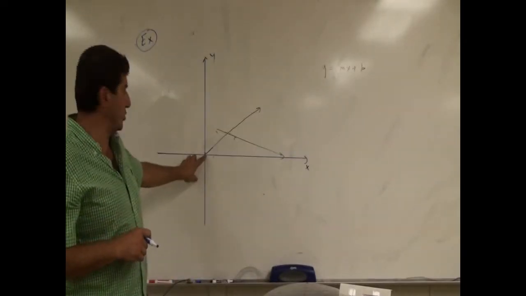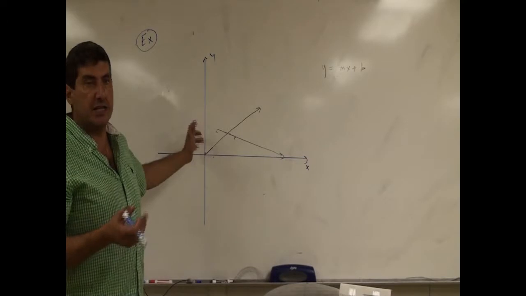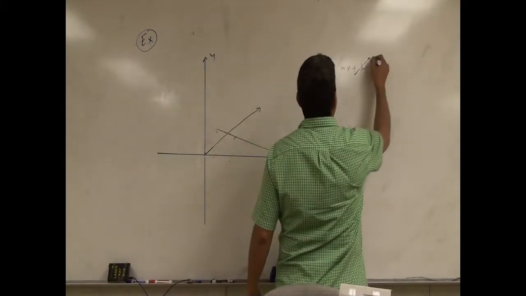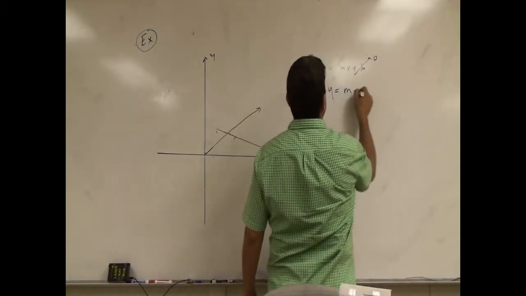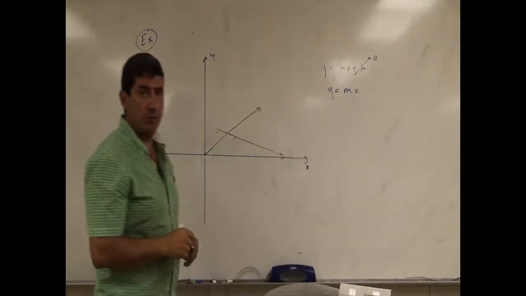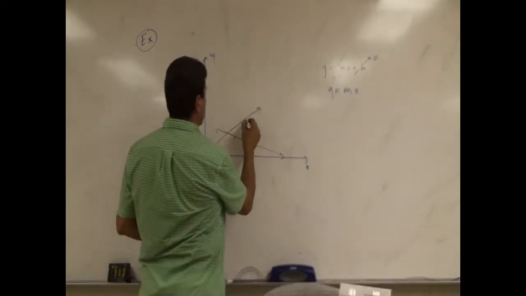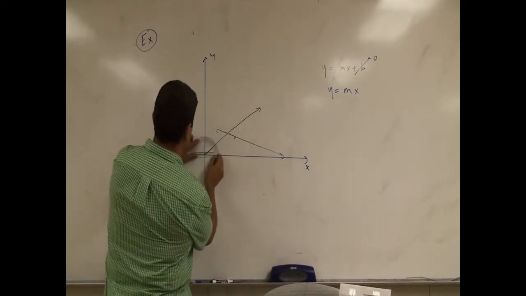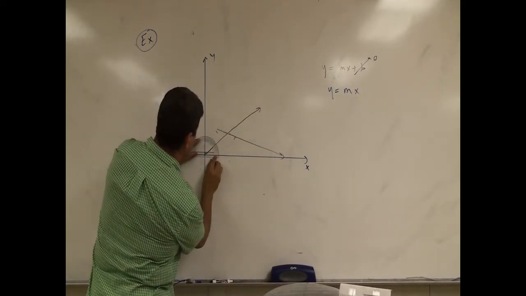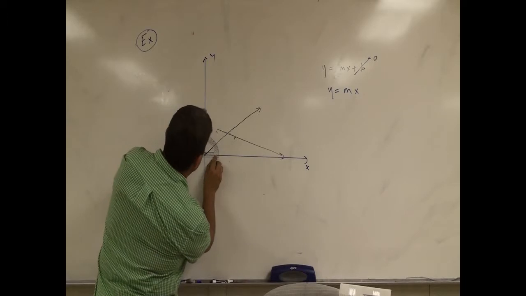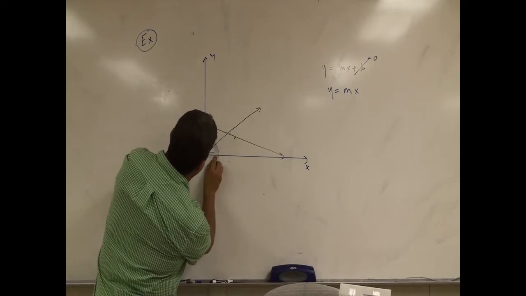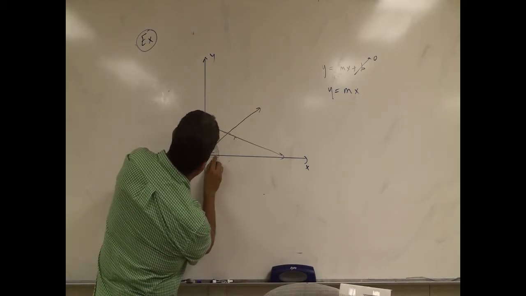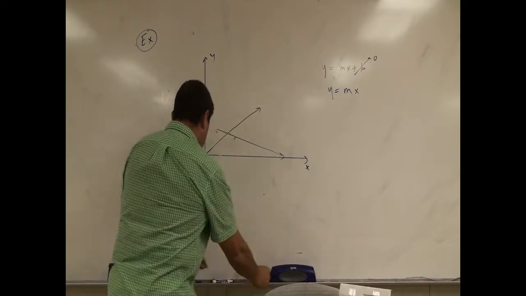Well, if we drew the origin right there at the beginning, then the y-intercept would be 0, right? And then it would be y equals mx. And then m would be the slope of the line. So all I would have to find is the angle of this, right? The angle of inclination, and then it would be right here, it's 38 degrees, right? 38 degrees.